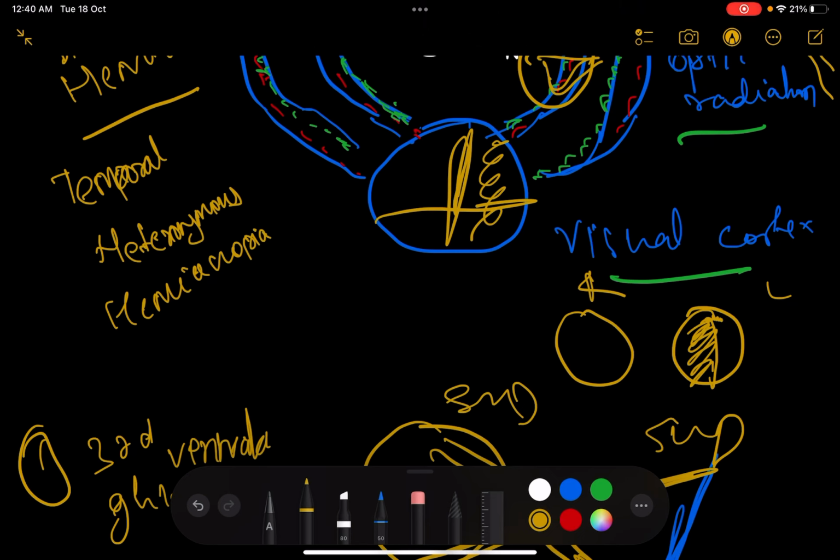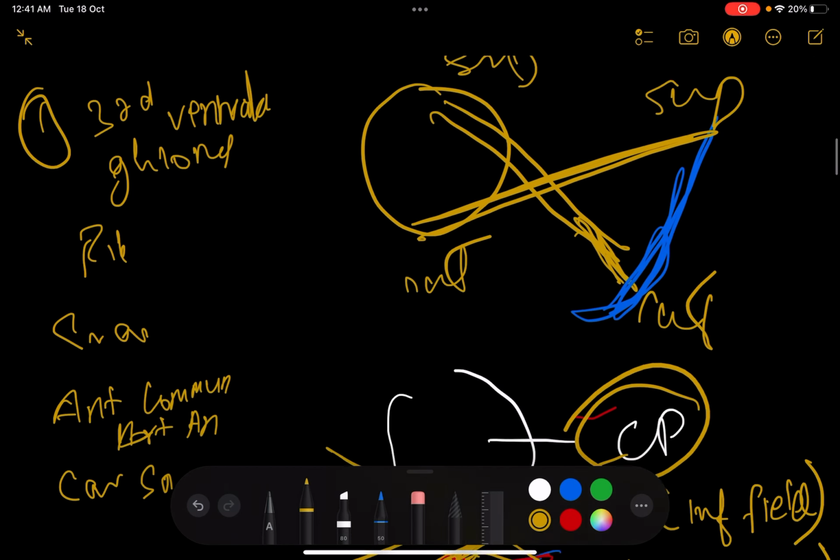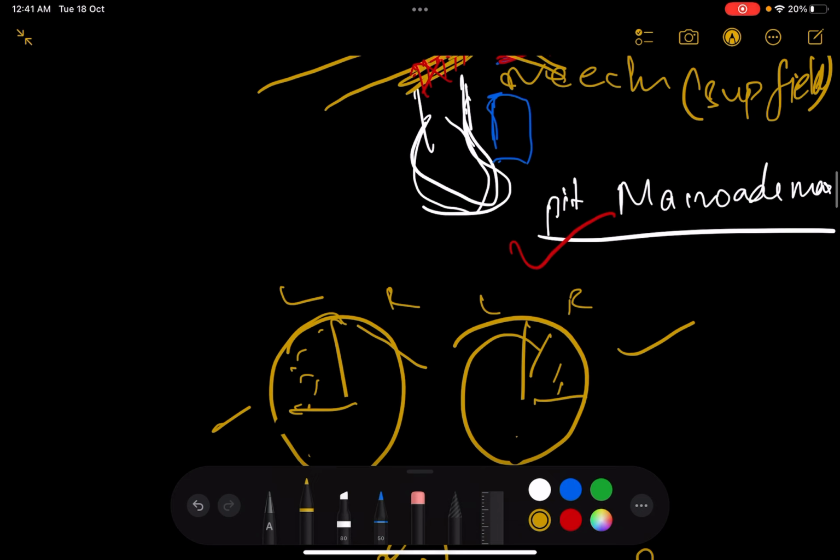And your right temporal is affected, that means your nasal field has to be affected, correct. So that depends upon where your location is, that is, which side of your visual cortex is affected.